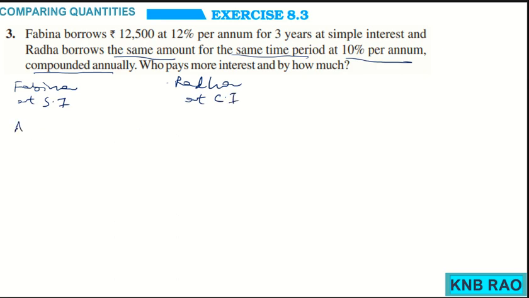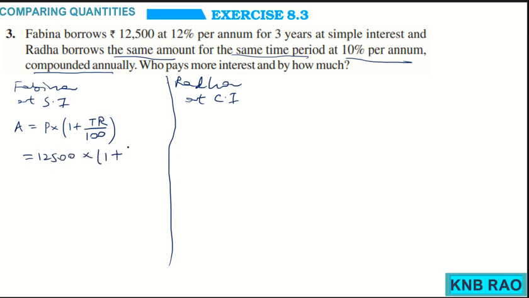Now in the case of Fabina, amount is principal into 1 plus T into R by 100. We know this formula in the case of simple interest to find amount. So 12,500 multiplied by 1 plus time 3 years, rate of interest 12% by 100. On simplification, 12,500 multiplied by 1 plus 3 into 12 is 36, 36 by 100, gives you 136 by 100.